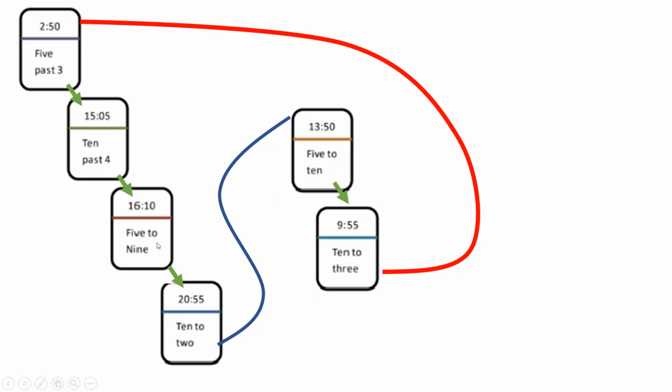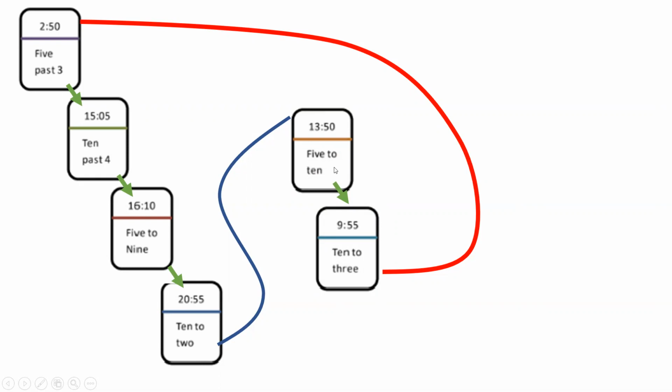5 to 9, so 5 minutes to 9 is 55 minutes past 8, so it'll either be 8:55, or if we convert it to 24 hours and it's in the afternoon, it'll be 8 plus 12, which is 20, so it'll be 20:55 here. 10 to 2 is the same as 50 minutes past 1, so it'll either be 1:50, or in the 24-hour clock, it'll be 13:50.